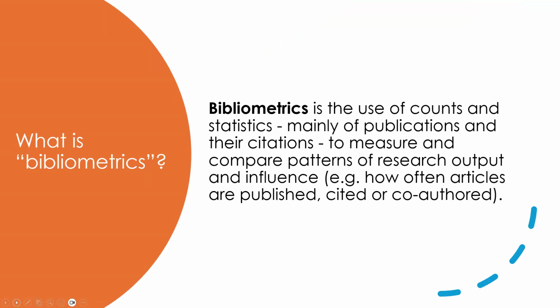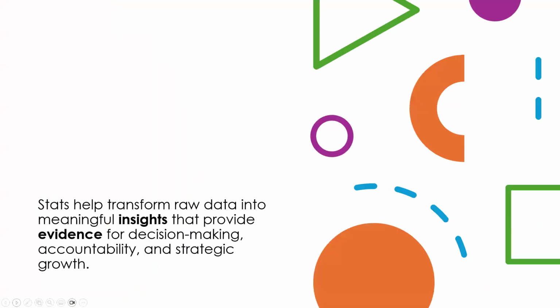We're not going to delve that deep into metrics, but I will share a few examples of what you can do to collect important messages, which might be important for funders and for your editorial board to come up with solutions. The statistics or metrics help us to transform raw data into meaningful insights that provide evidence for decision making, accountability, and strategic growth.